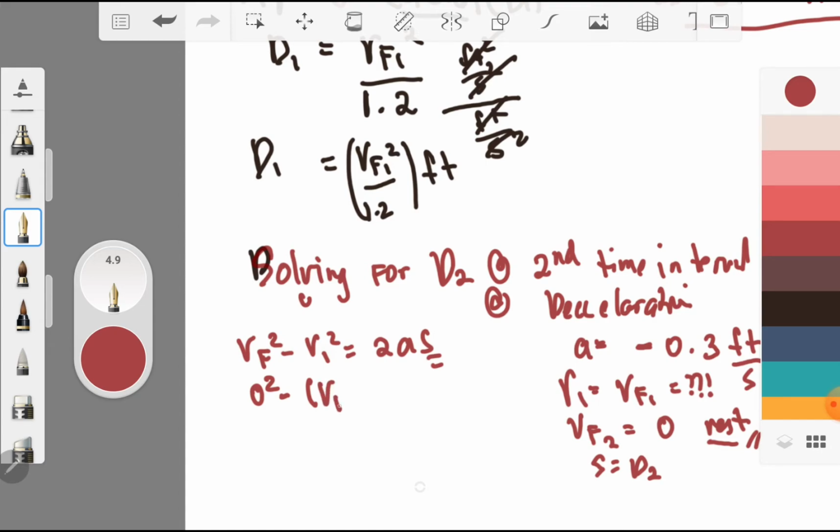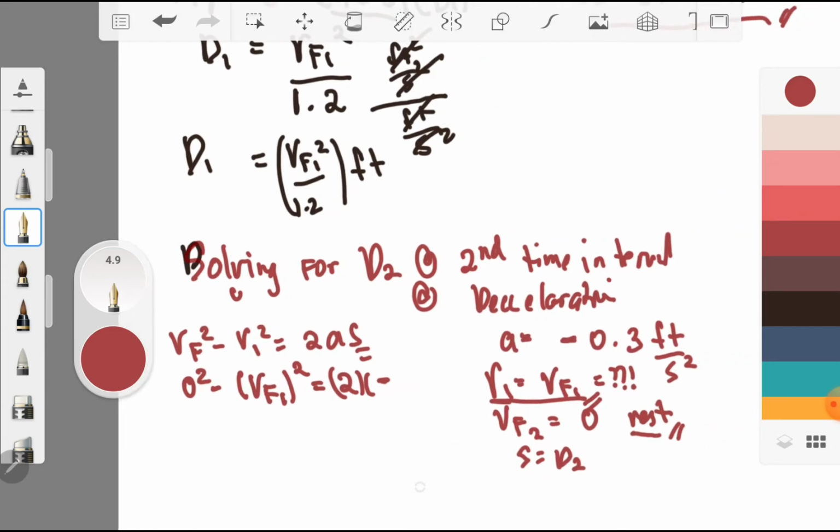Unknown, VF1. Okay, VF1 squared. Which is equal to our 2 multiplied by negative 0.3 because of deceleration. 0.3 feet per second square. So, hindi ko na muna ilalagay yan para hindi malito. Multiplied by our S, which is considered as our D2.